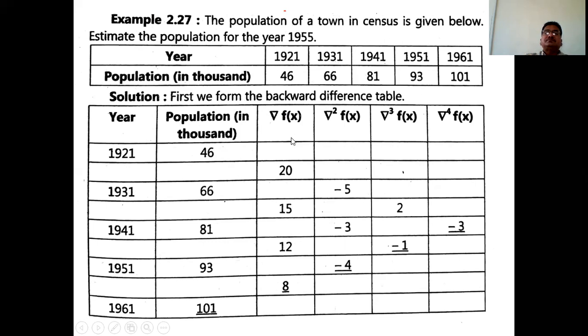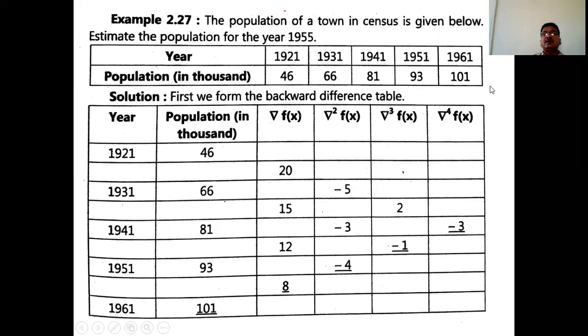So this is the first column, the values of x, and this is the second column. Write x instead of year, and this is y equal to f(x).